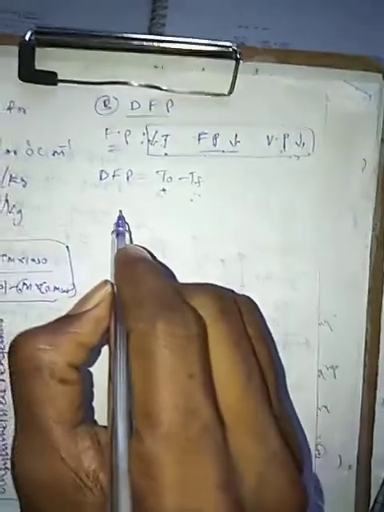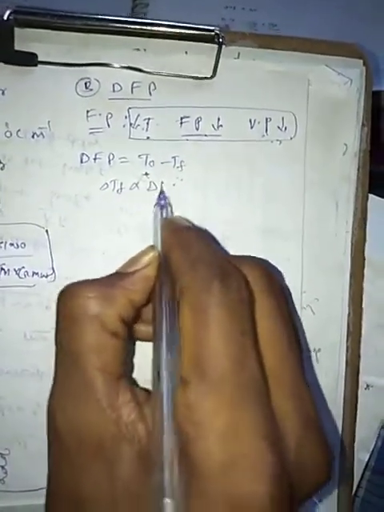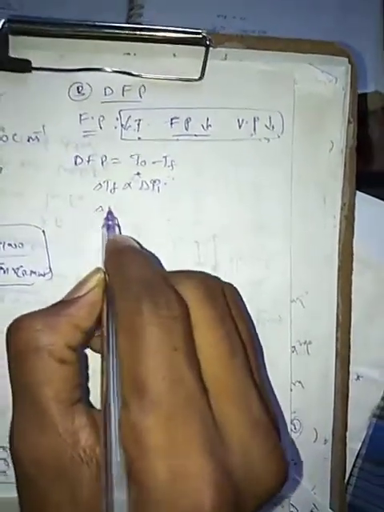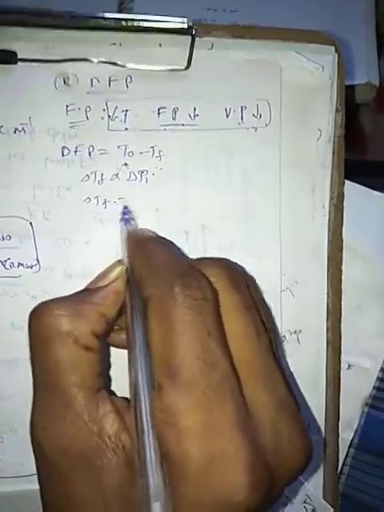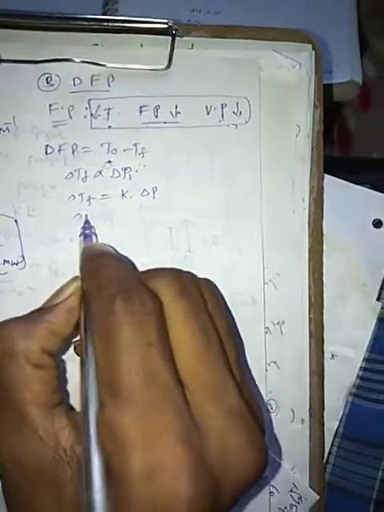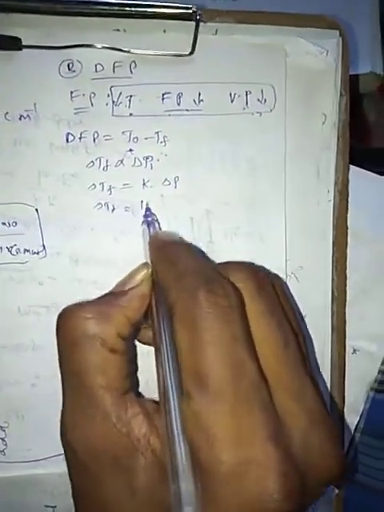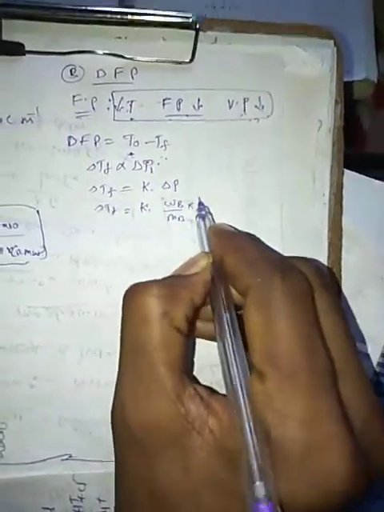Now in this case, delta Tf is directly proportional to delta P. Now delta Tf is equal to K into delta P. Delta P we wrote already previously, K into WB by MB into 1 by WA.